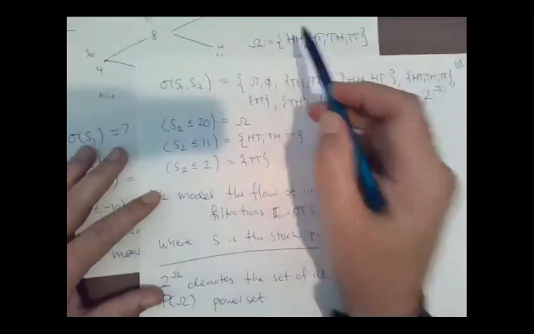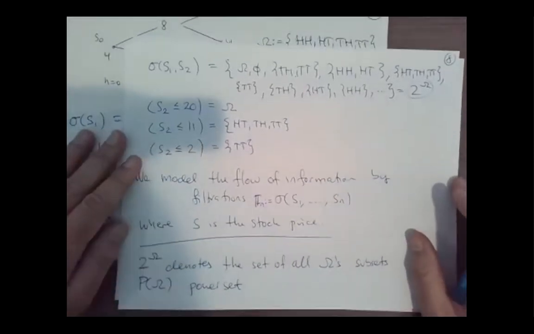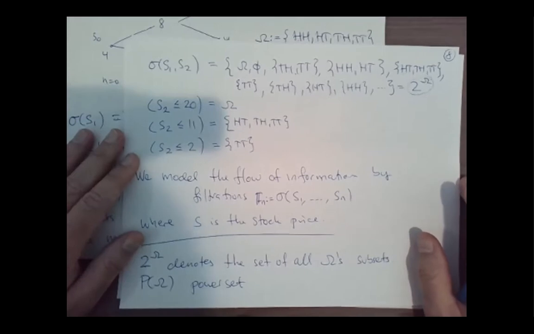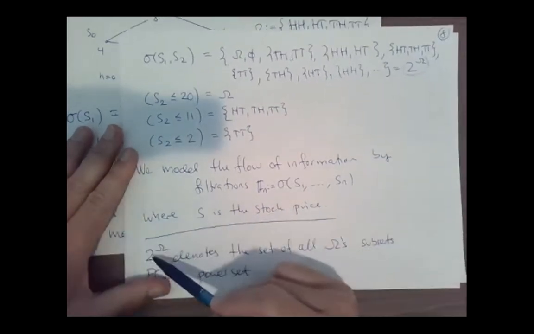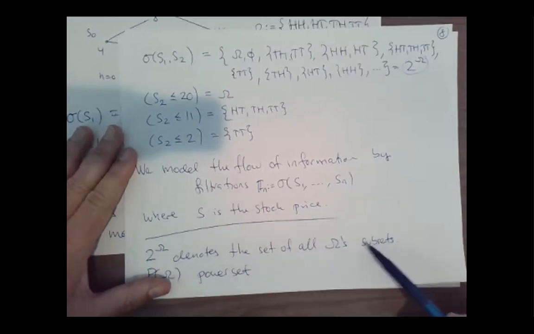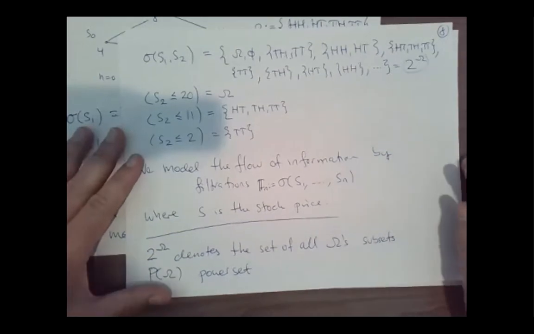So 2 to the omega is the total number of subsets? It's not the number. So 2 to the omega denotes the set of all subsets. It's a set, yeah. It's a sigma algebra. It's the biggest sigma algebra that there is.